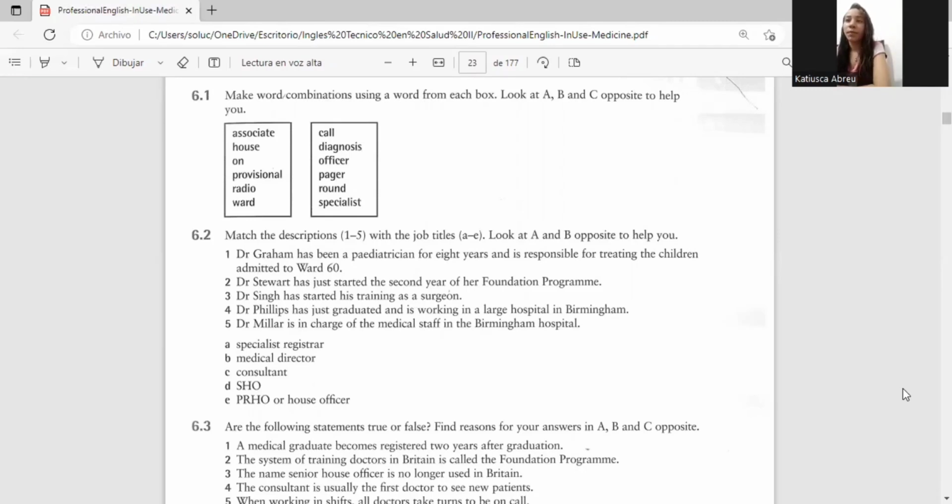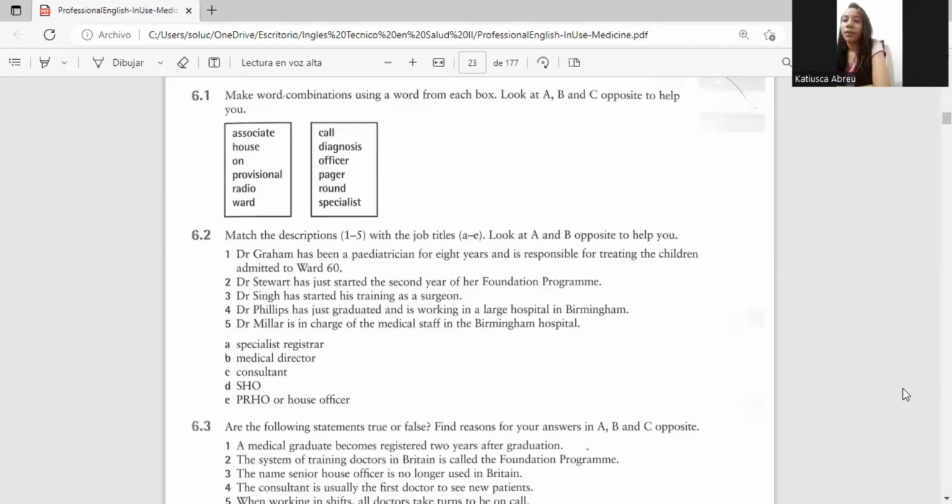Exercise 1. Make word combinations using a word from each box. Example, associate specialist, house officer, on call. Exercise 2. Match the descriptions 1-5 with the job titles A-E.